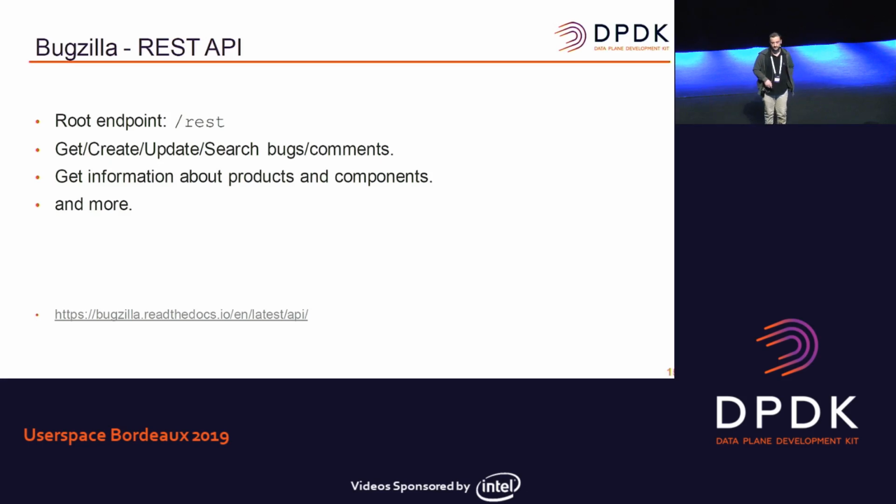So you can use the API to get, create, update or search bugs or comments. You can get information about the Bugzilla instance itself, about products and components. You can also create components and products.